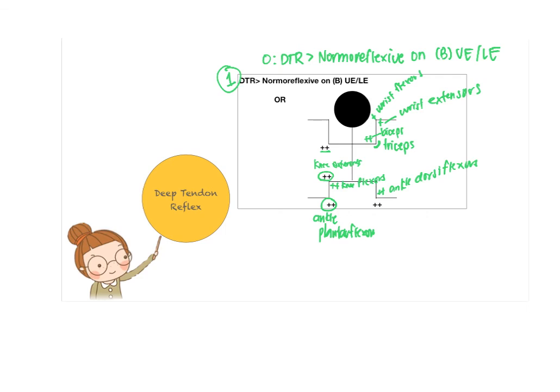Now for the legend, if you're going to use the figure, you have to write the legend here, no? Sa baba, legend. Okay, so you have 1 plus sign, 2 plus signs, 3 pluses, and then 4. 1 is hyporeflexive, 2 is normoreflexive, 3 is hyperreflexive, and then 4 is clonus.